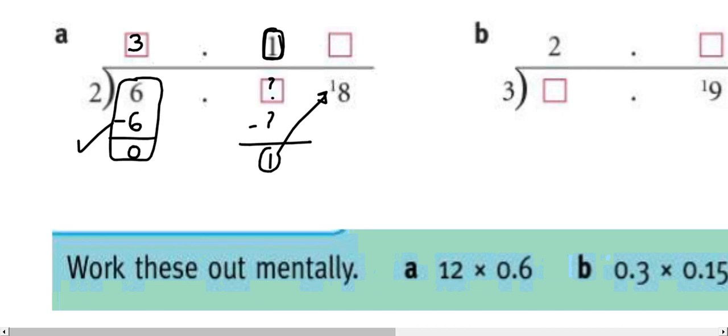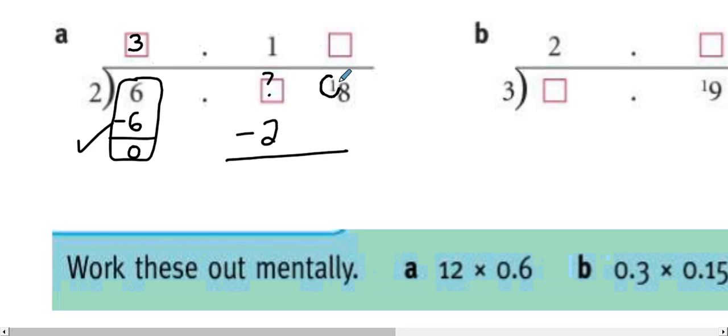Can you see that? So to figure out that, one can say 1 times 2 is 2. Now, which number, when you subtract with 2, leaves a remainder of 1?